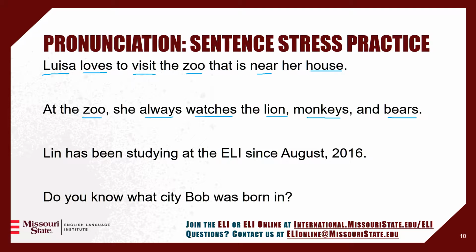At the zoo, she always watches the lions, monkeys, and bears. So again, I speed up the words that are not stressed. I slow down when I have many stressed words together, and I try to keep the rhythm of the sentence the same. Let's talk about the next one.